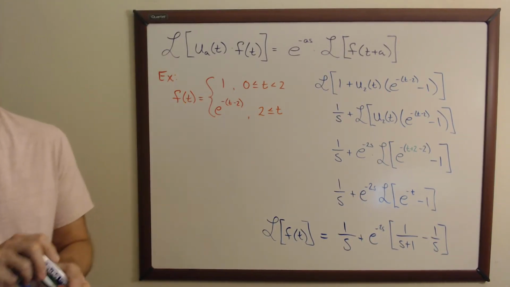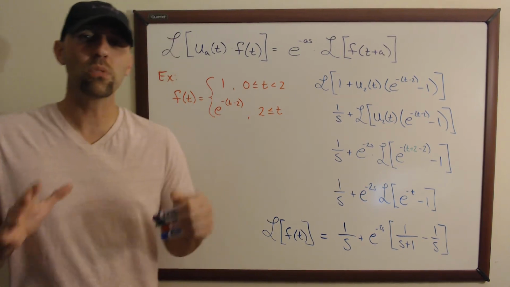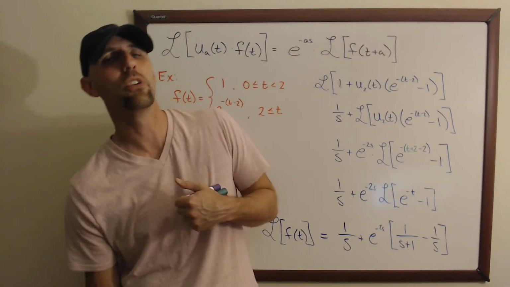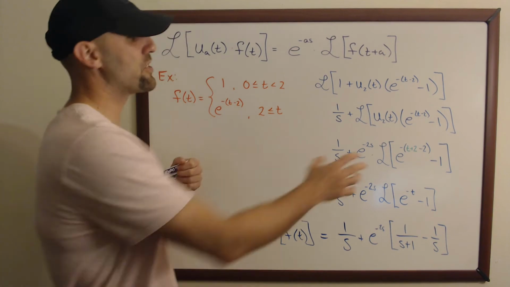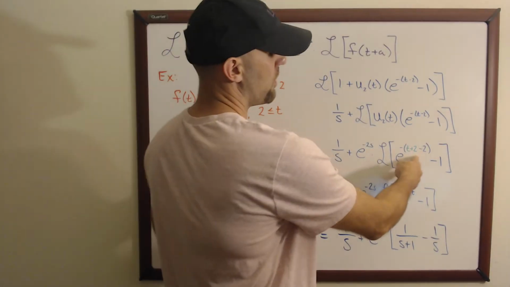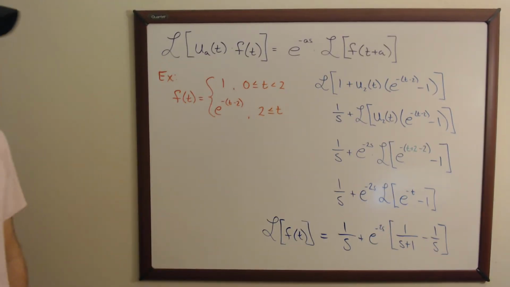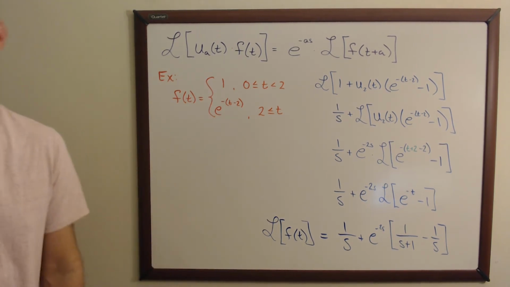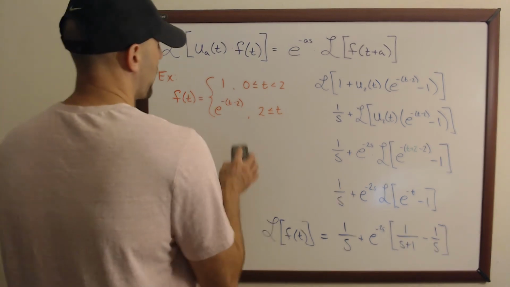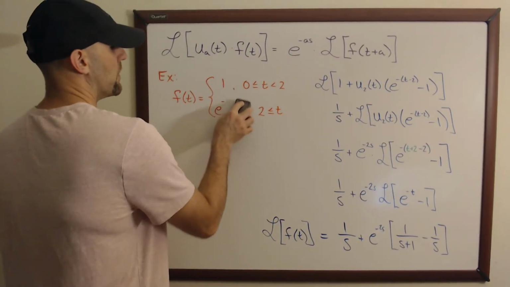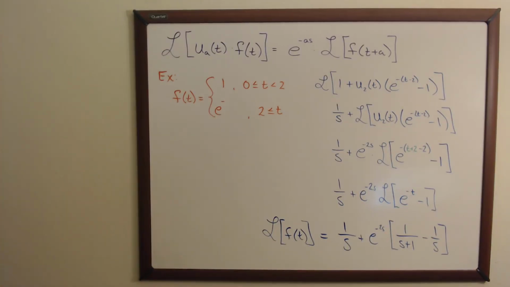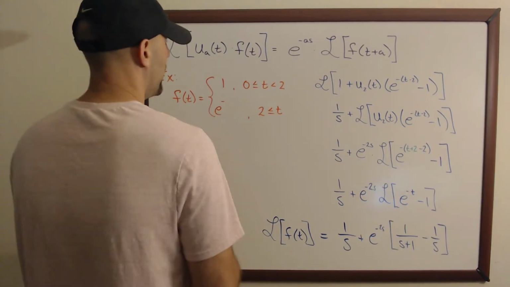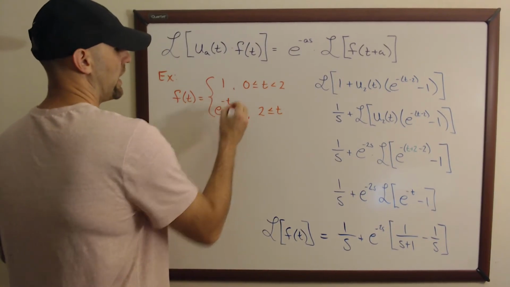That's not terrible, right? And the only issue you might run into is this was actually kind of nice, right? So the plus 2 and the minus 2 canceled. What would have happened if that wasn't the case? Let me make some adjustments here. The real question is, what would have happened if this was just, let's say, e to the negative t, right?